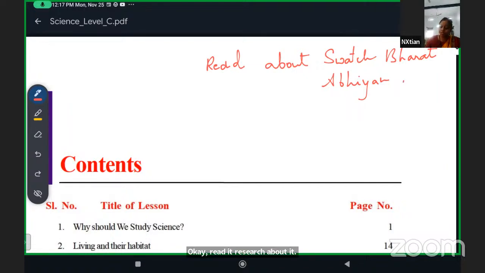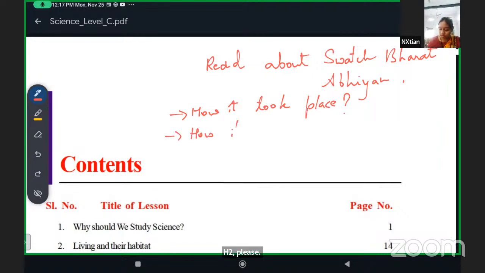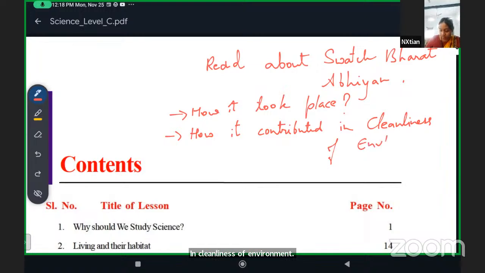You have to make some points on how it took place, how it contributed in cleanliness of the environment, and third is your views.